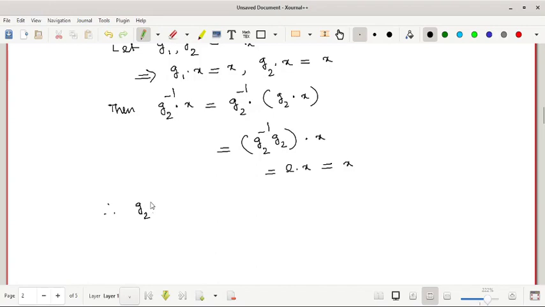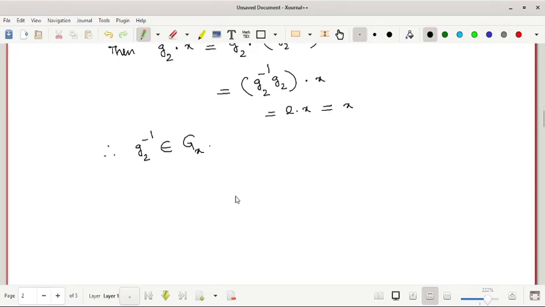Therefore, G2 inverse belongs to Gx. I have to prove G1 G2 inverse belongs to Gx.